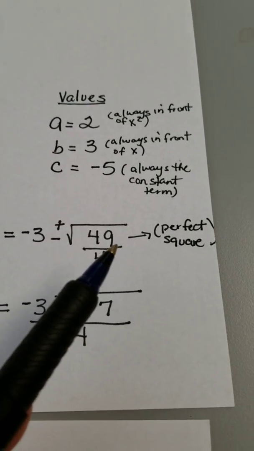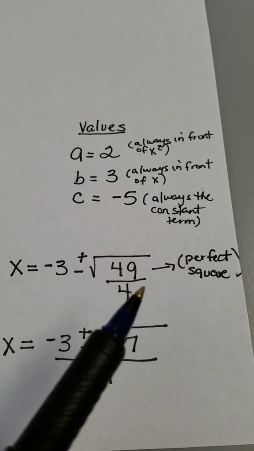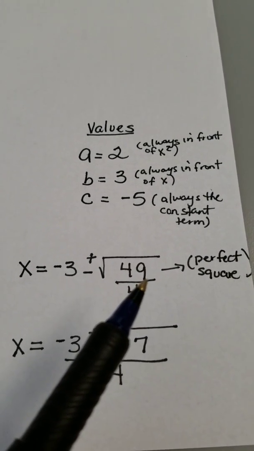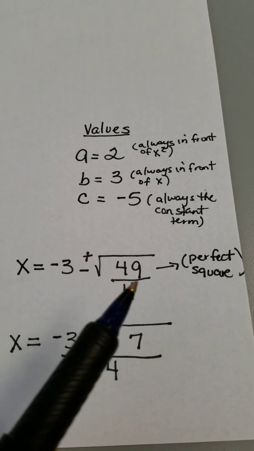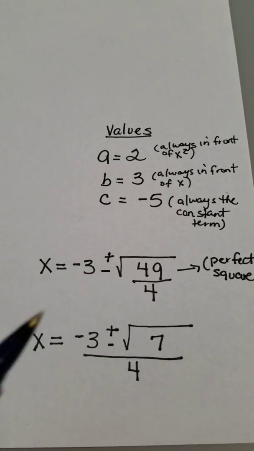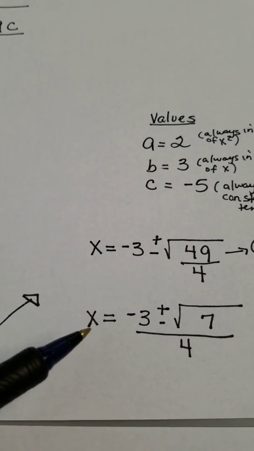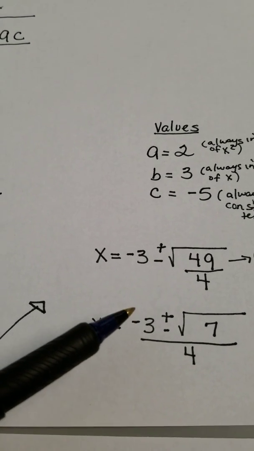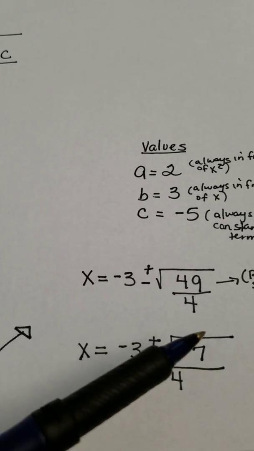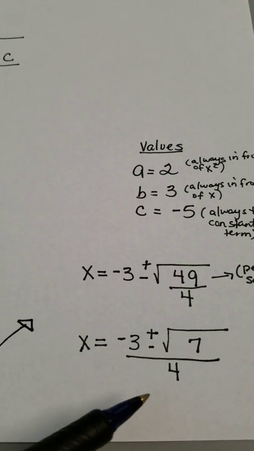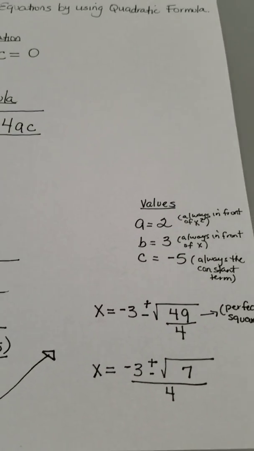Since 49 is a perfect square, meaning that 7 times 7 is 49, that makes it a perfect square. I then further brought down negative 3 plus or minus 7 over 4. Okay.